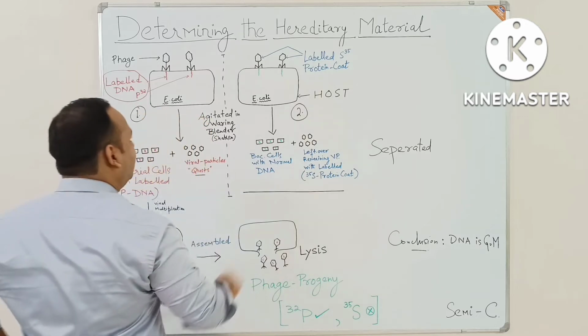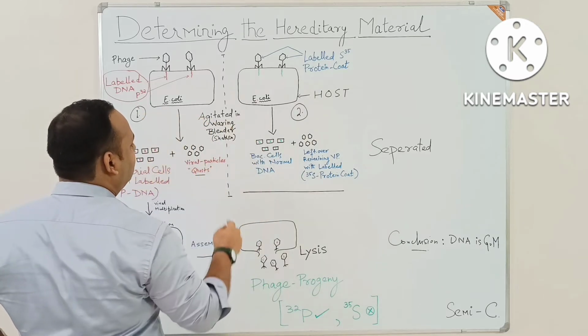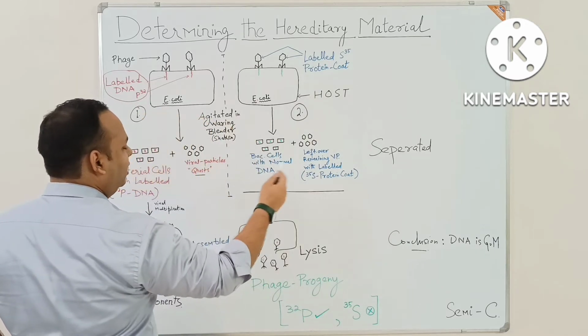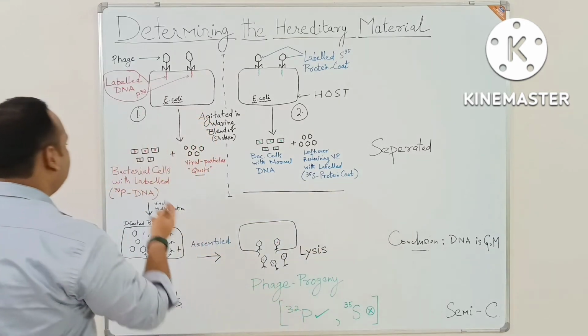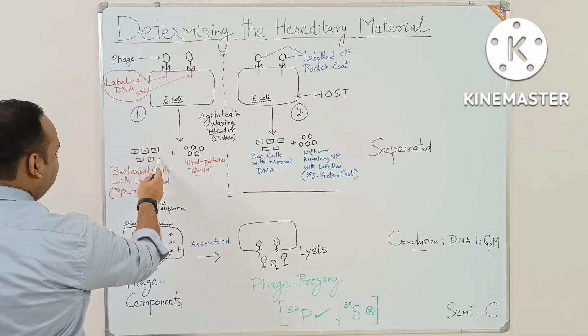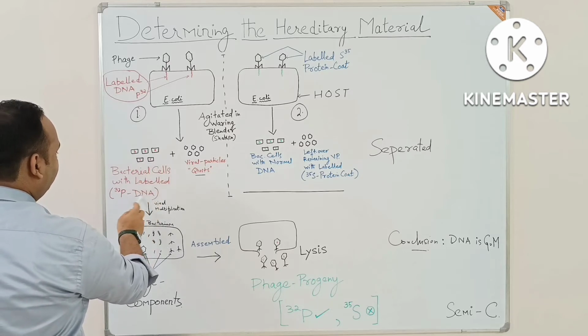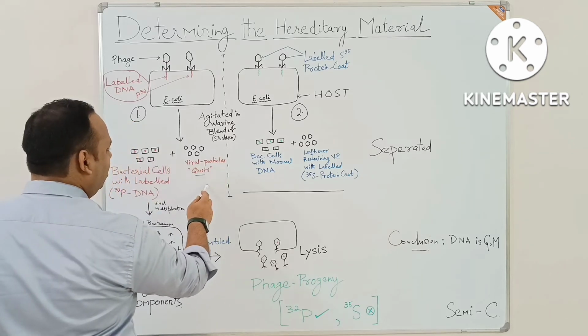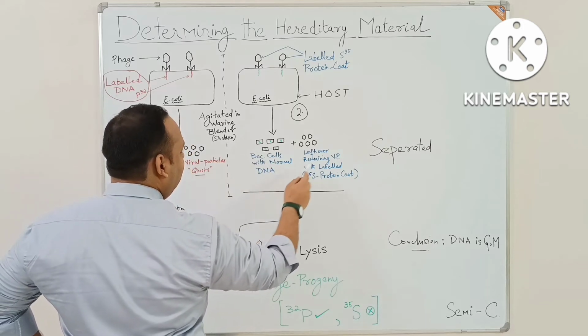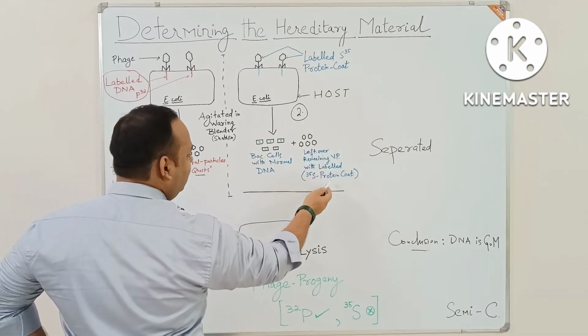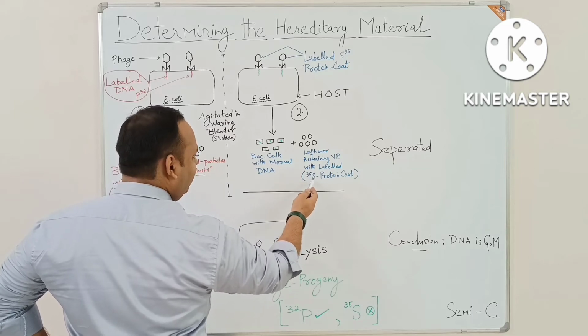When this mixture was agitated, the bacterial cells and the remaining viral particles separated. It was seen that in the first case, the bacterial cells were associated with labeled DNA and the viral particles were normal. In the second case, it was seen that the bacterial cells were normal and the leftover viral particles were labeled with 35S protein.